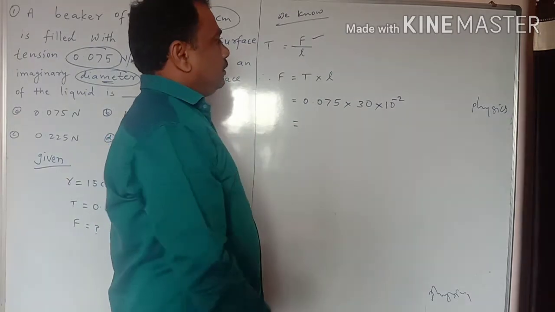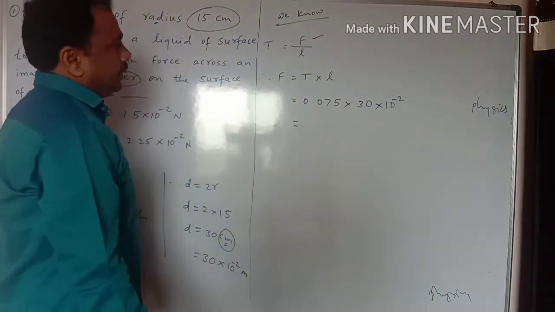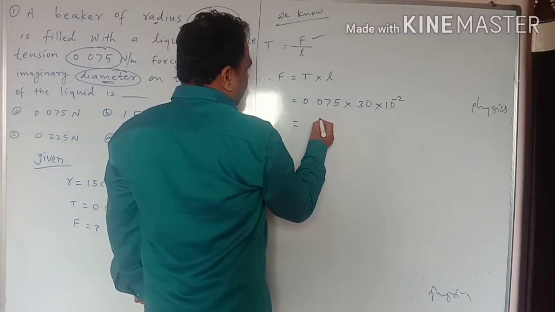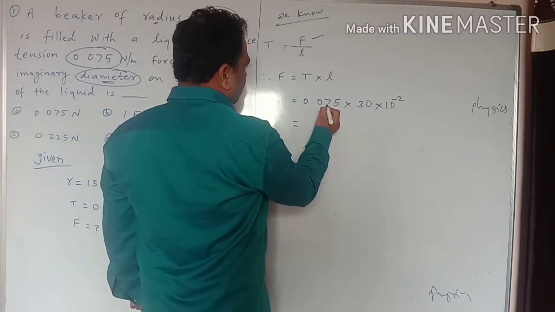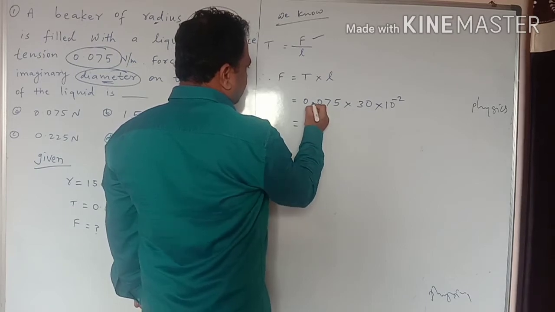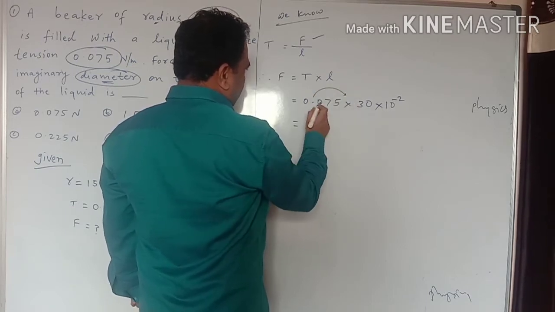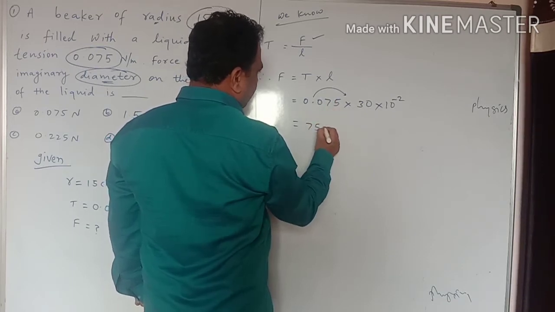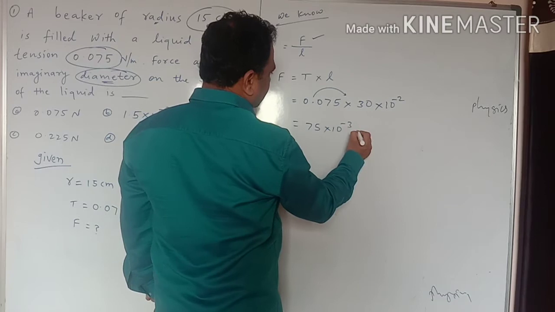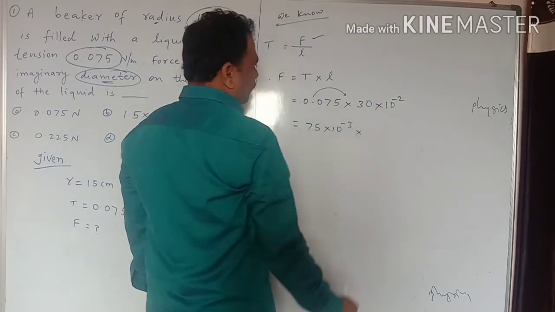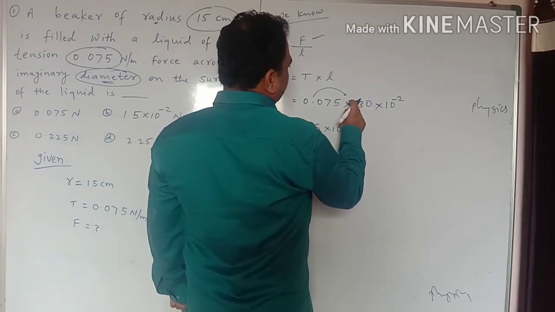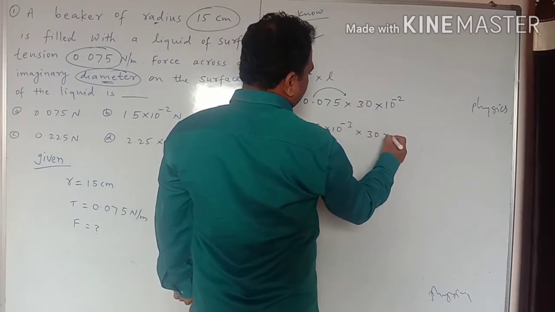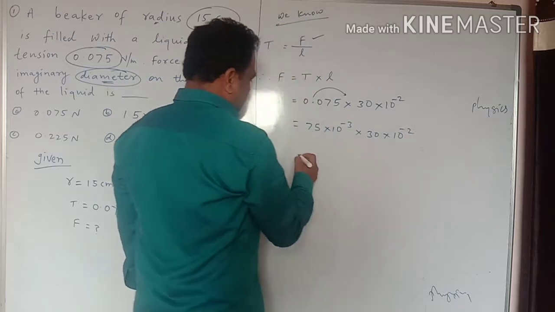So how can we calculate it? The decimal point in 0.075 shifts behind 3 digits, so it becomes 75 into 10 to the power minus 3. Then 30 is there with 10 to the power minus 2.